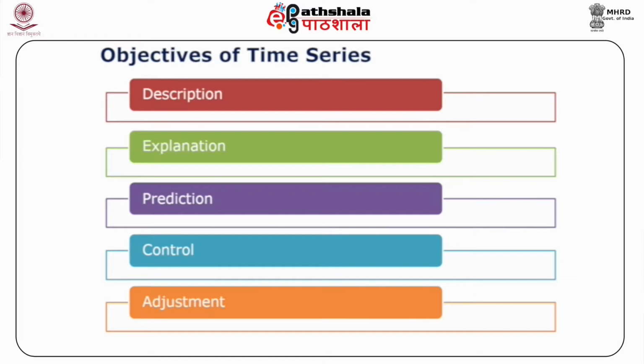Time series also helps in predicting the future values on the basis of past trend. Time series is helpful in controlling the variables to make the econometric models more efficient. With the help of time series analysis, the errors could be identified and necessary adjustment can be made to avoid losses.